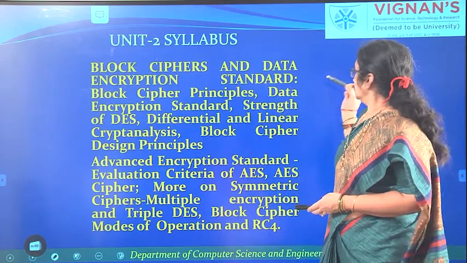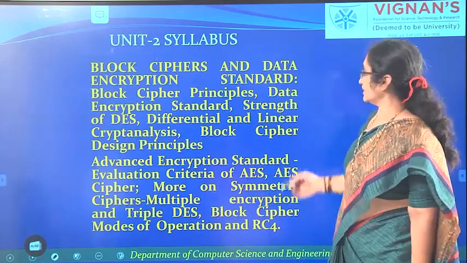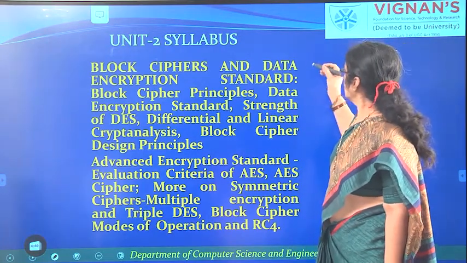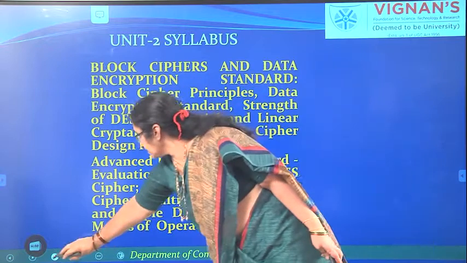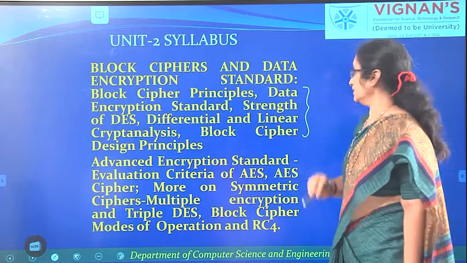The main syllabus of this particular course in the second unit is to understand about the block ciphers: how to use them and what the different block ciphers are that are being used.